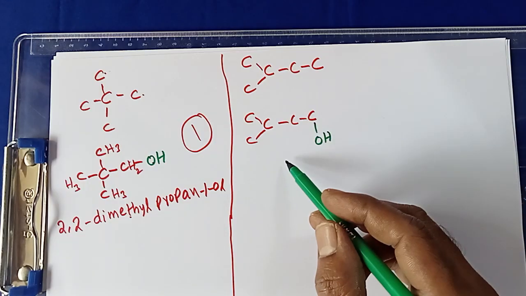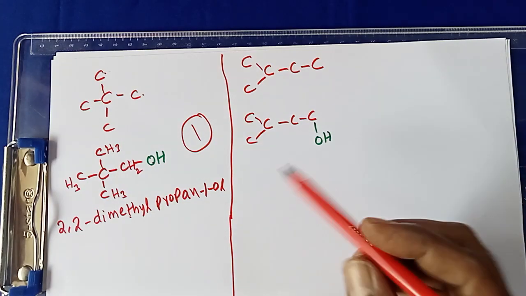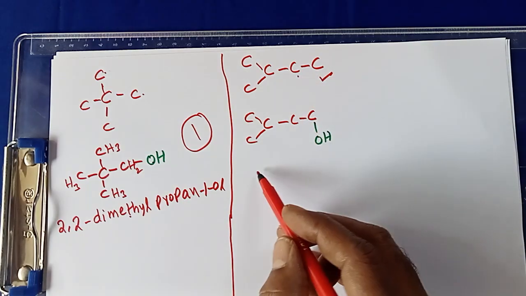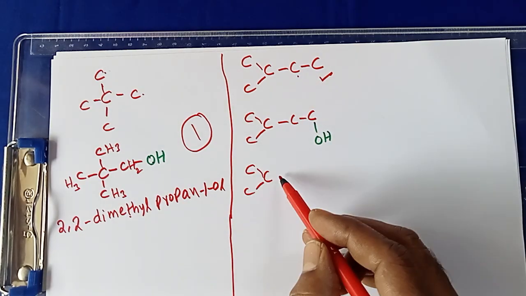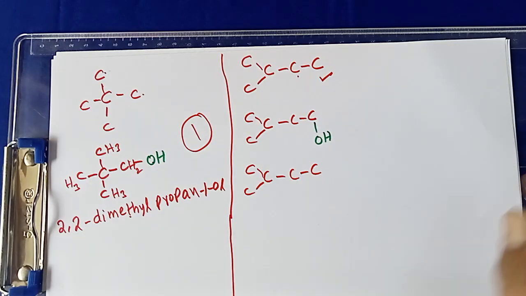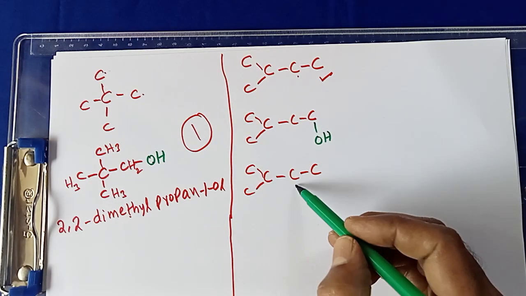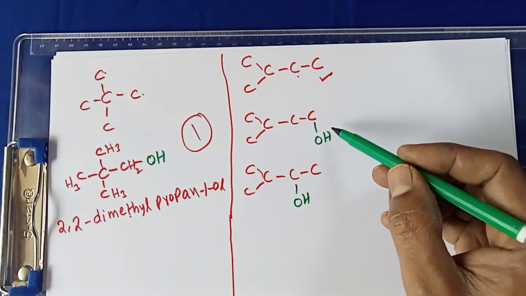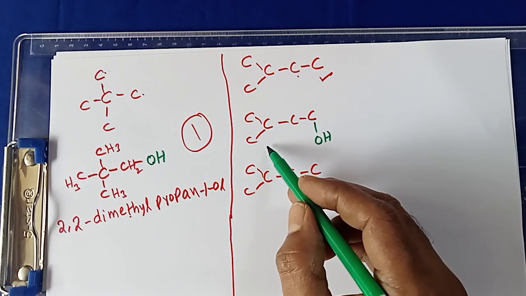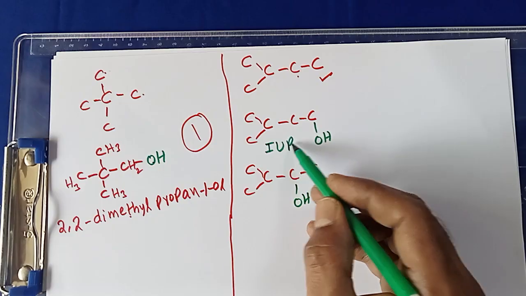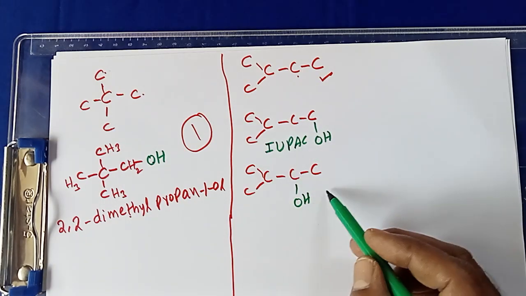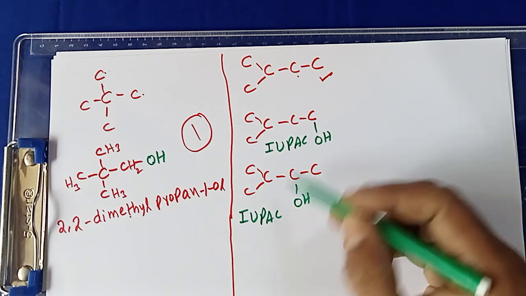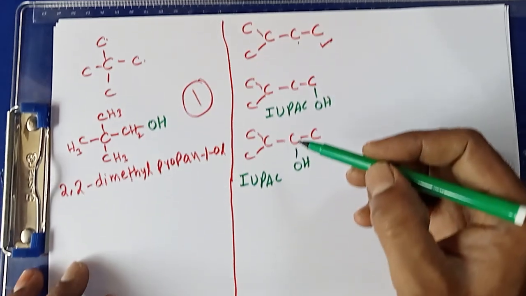Next, on the same chain, I write another OH group here. So these two are different. How do you know? Write the IUPAC name of each. Different IUPAC names. That is the trick.